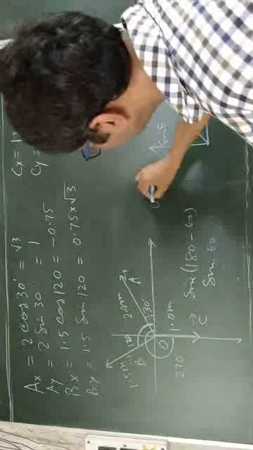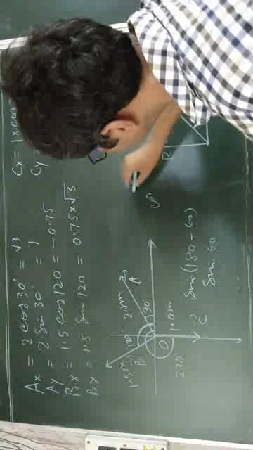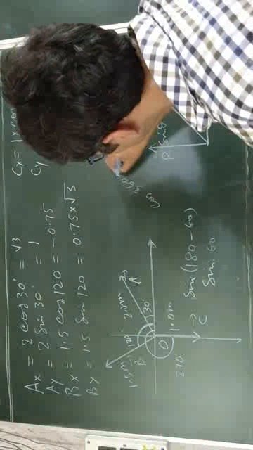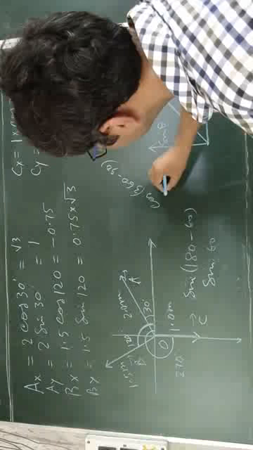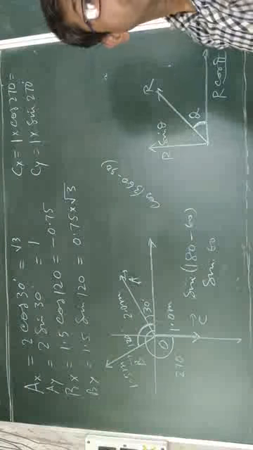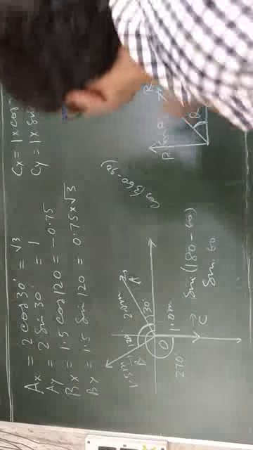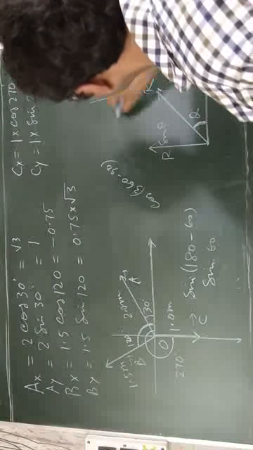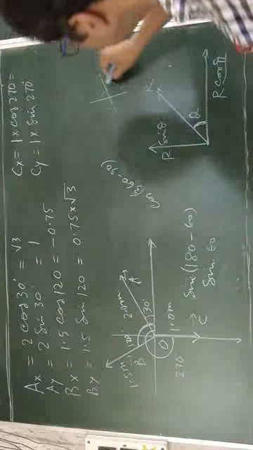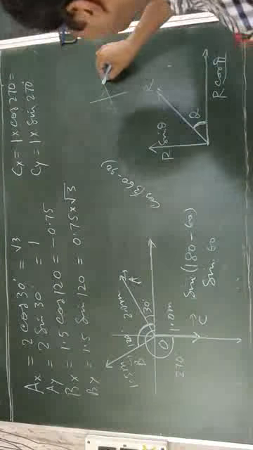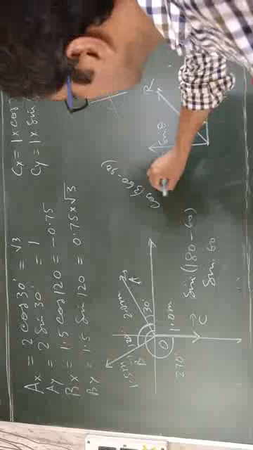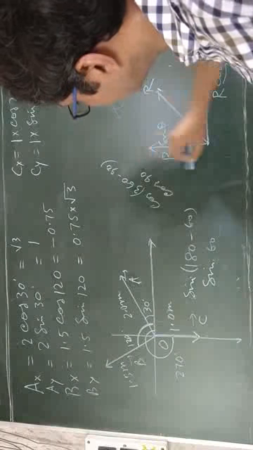Now cos 270 is equal to cos of 360 minus 90, that means in fourth quadrant. In fourth quadrant, this is cos 90.